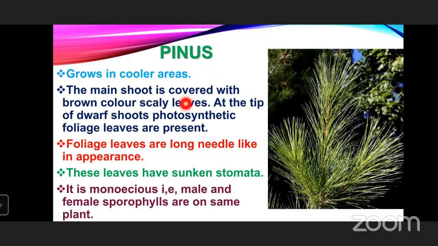And Pinus trees or Pinus plant is monoecious. Monoecious means both male and female cones are present on the same plant. Pinus plant is a monoecious plant. That condition is called monoecious condition.